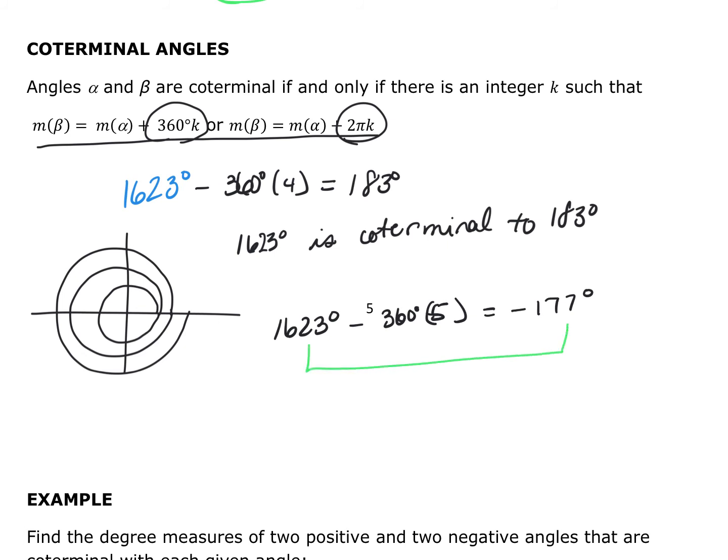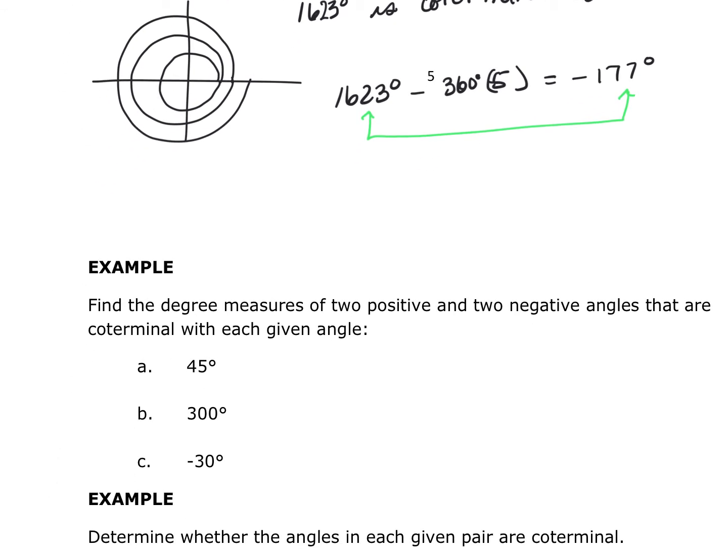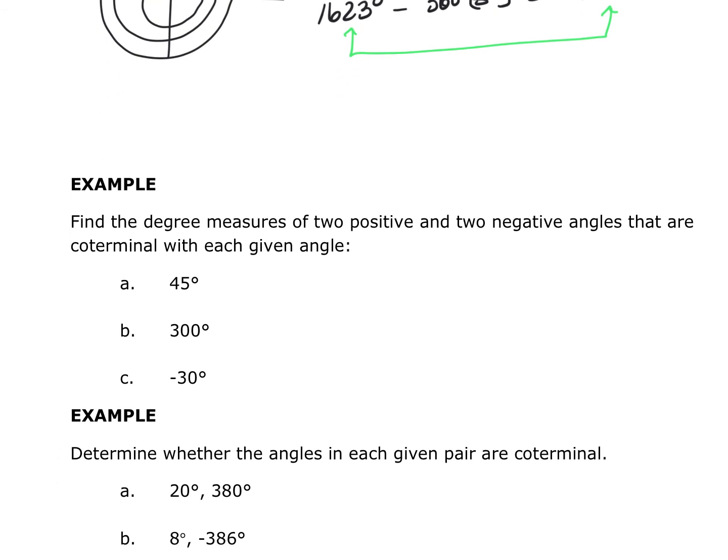These are also coterminal. They start and end in the same place. So coterminal angles are 360 degrees apart from each other, or 2 pi radians if we're in radians.